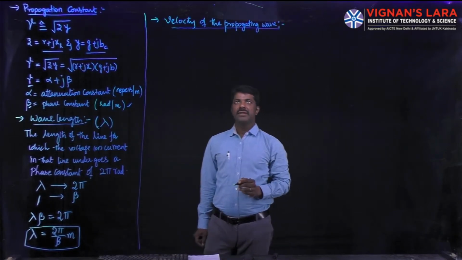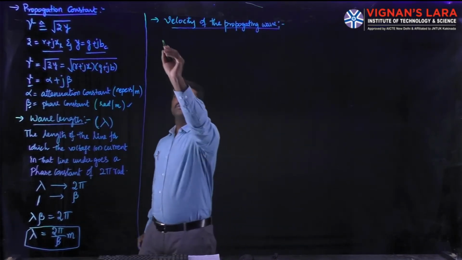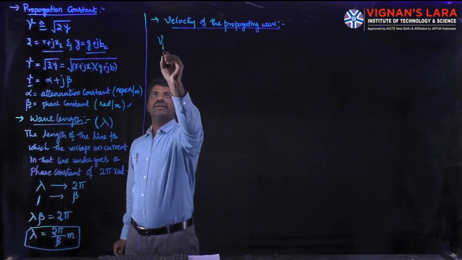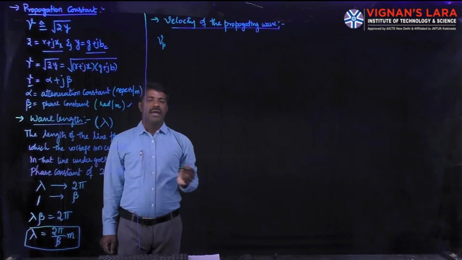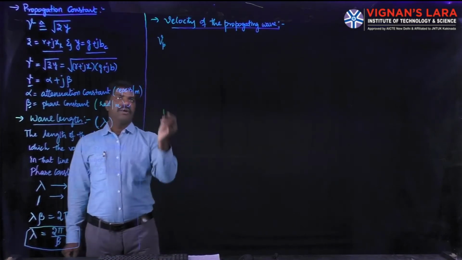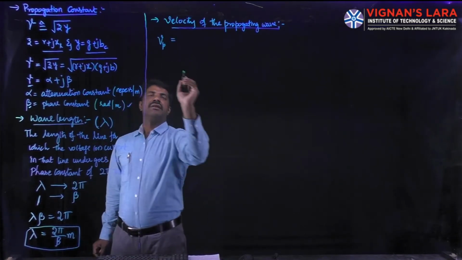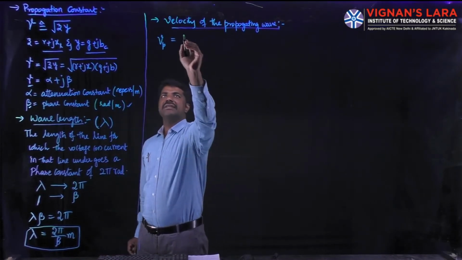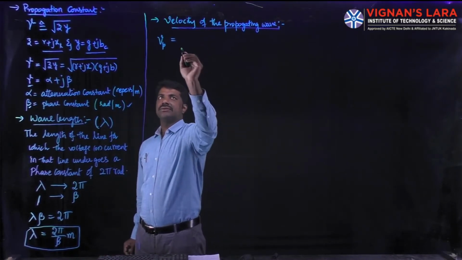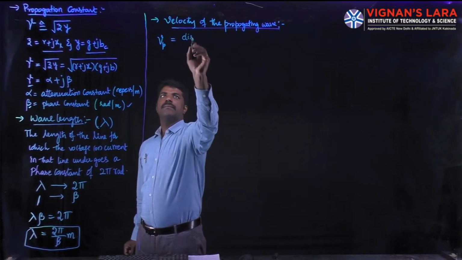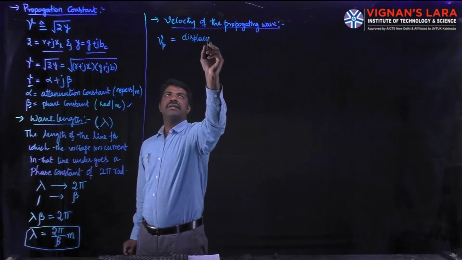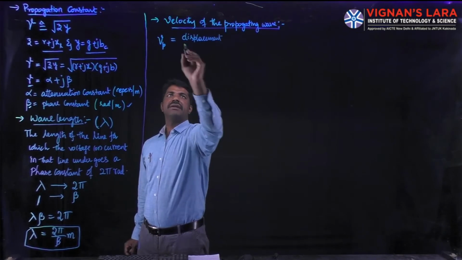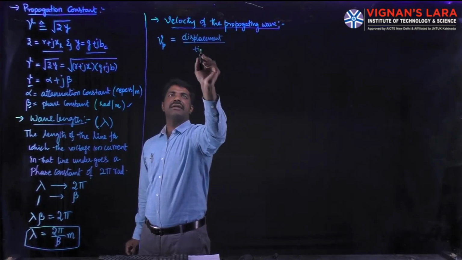Velocity of the propagating wave, which is represented with the letter small v p. As all of us know, the definition of velocity is the rate of displacement, that is distance by time. So what is the distance here? It should be the length. So we know the definition, it is the rate of displacement, that is displacement by time.